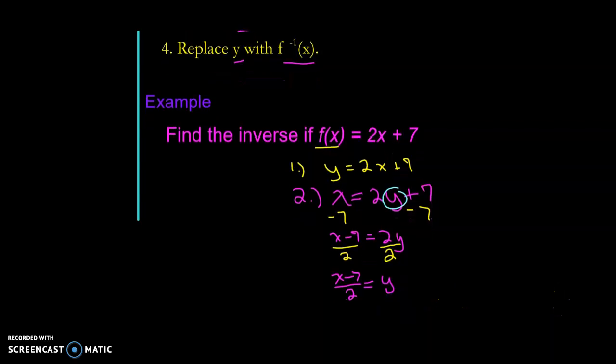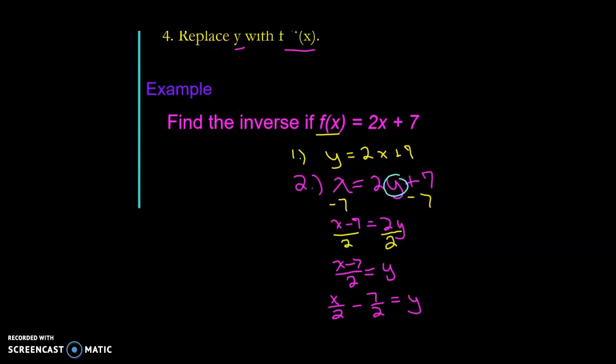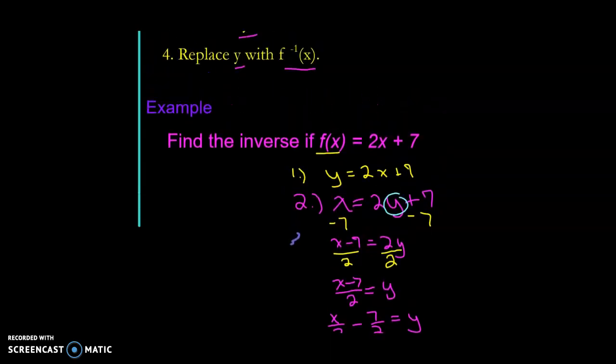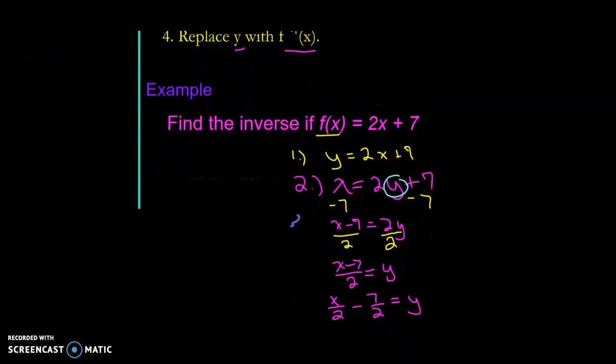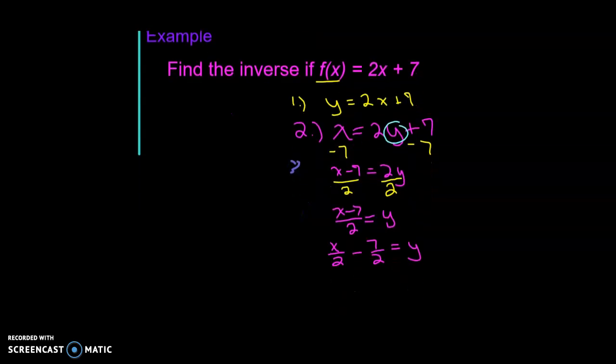Another way to write it: because I'm dividing both x and 7 by 2, I could separate it and write two fractions. X over 2 minus 7 over 2 is equal to y. We already did step number 3, which is solving for y. Now step 4 is to replace the y with f of -1.